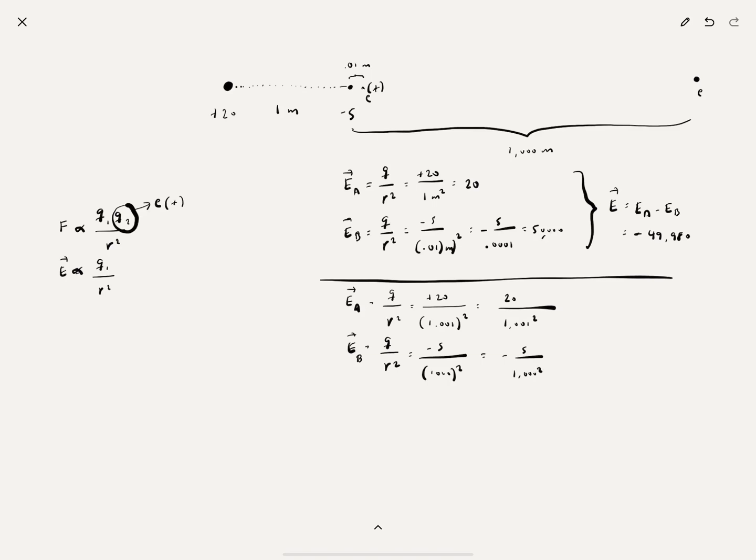Now you can tell that the numbers in the denominator, 1,000 squared is almost the same as 1,001 squared. They will both make the force very, very tiny, but they will be essentially the same as each other. They'll vary very little.